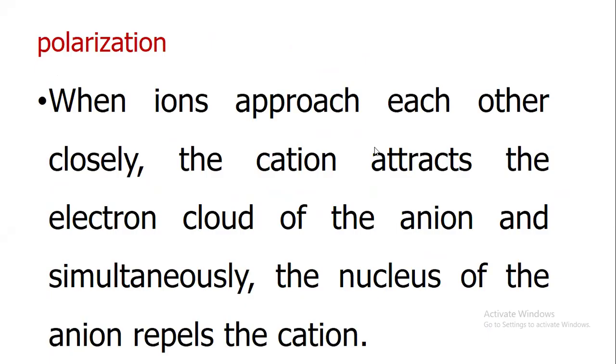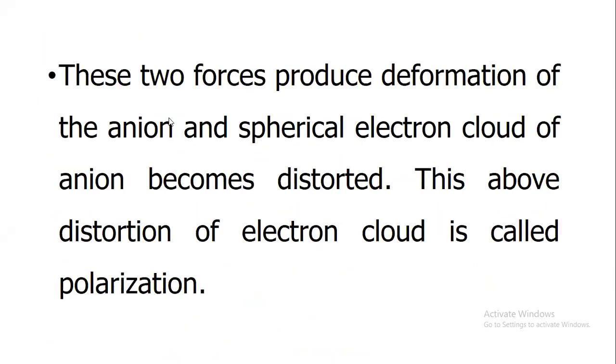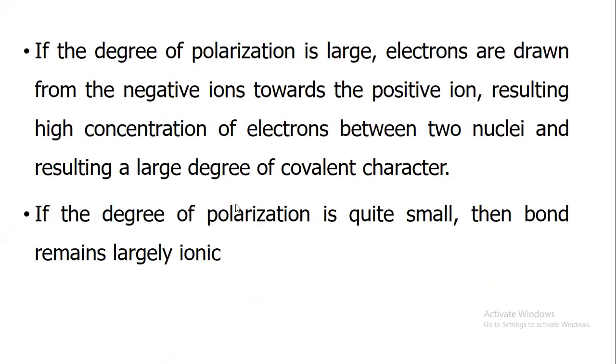Polarization. When ions approach each other closely, the cation attracts the electron cloud of the anion, and simultaneously the nucleus of the anion repels the cation. These two forces produce deformation of the anion, and the spherical electron cloud of the anion becomes distorted. This distortion of the electron cloud is called polarization.